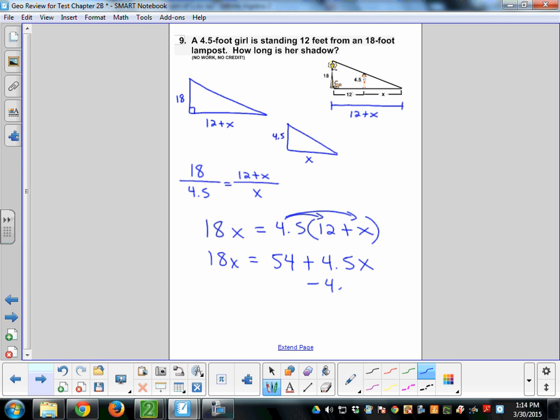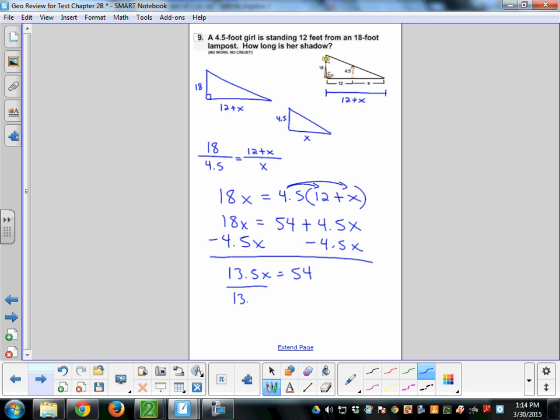Once I subtract 4.5x from both sides, and divide, you get x equals 4. So x actually happens to be her shadow. So how long is her shadow? It's 4 feet.